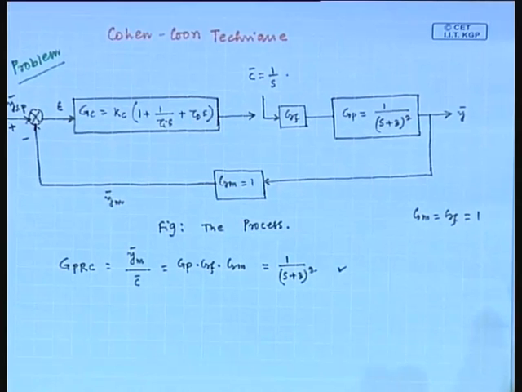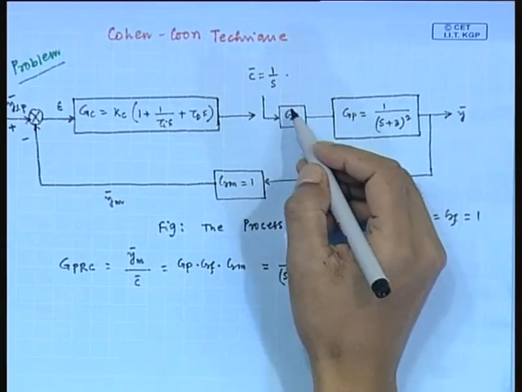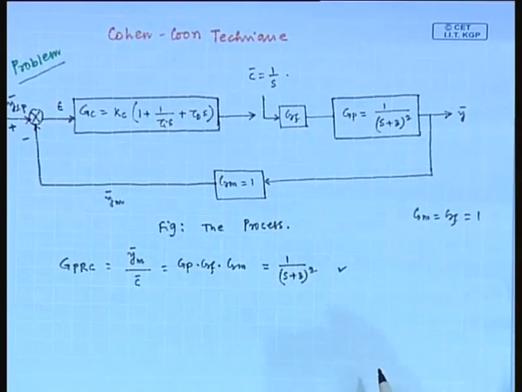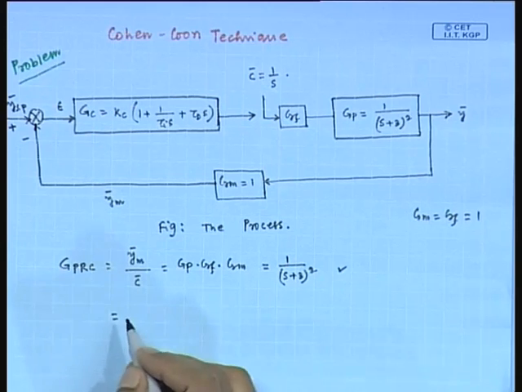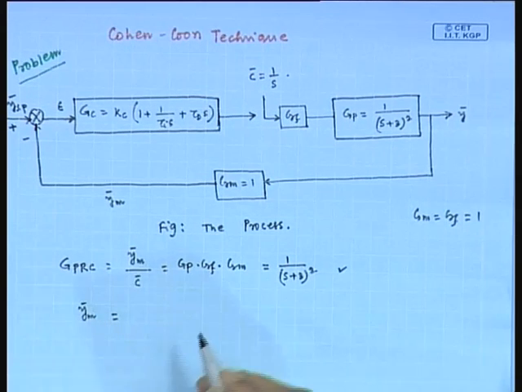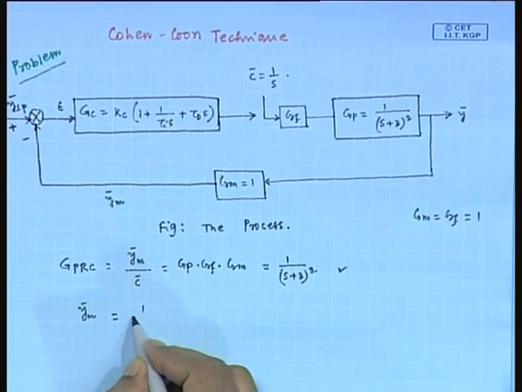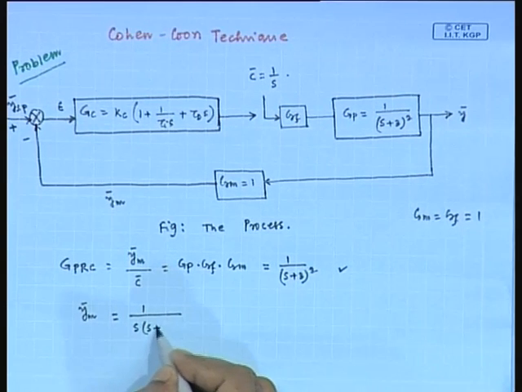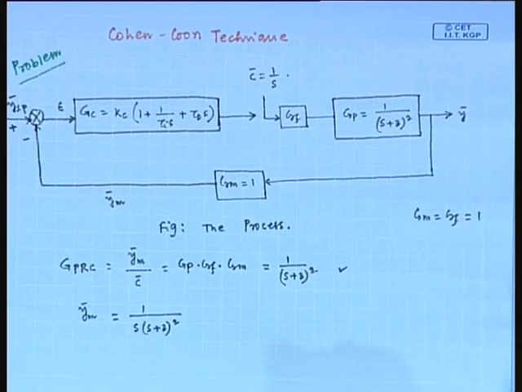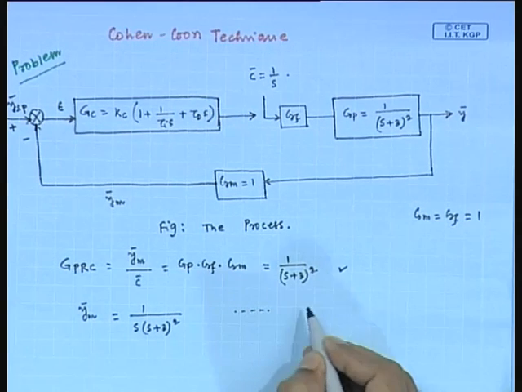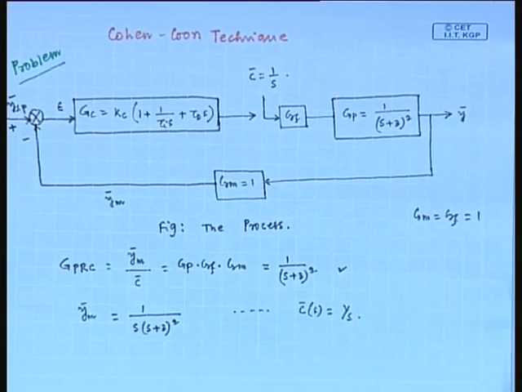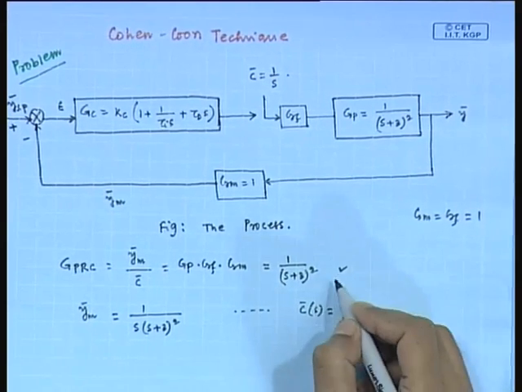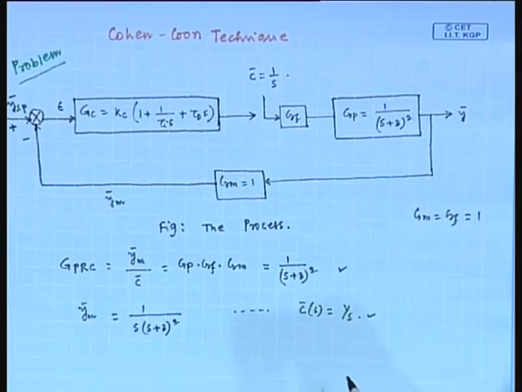As mentioned, a unit step change is introduced in the input signal to the final control element. So, the output becomes 1 divided by (s plus 3) whole square, when C bar s equals 1 by s. We are just substituting C bar s equals 1 by s in this process reaction curve.